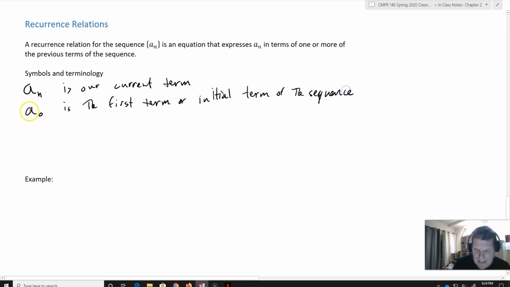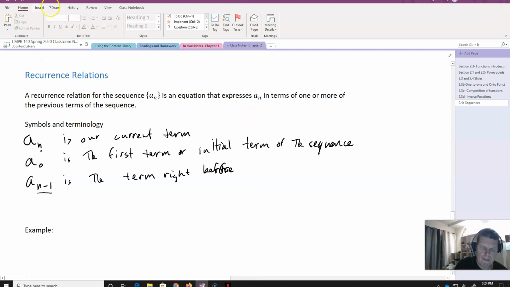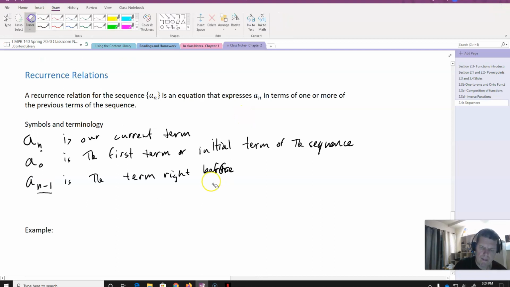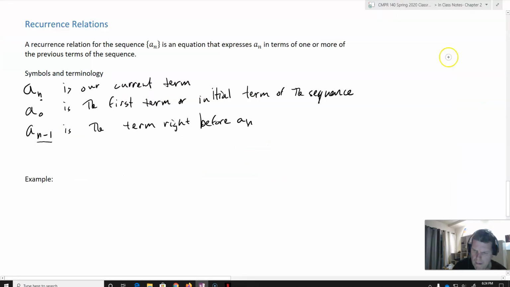Then, and this is kind of tricky, a_(n-1). Notice we have the nth term, and then we have the (n-1)th term, which is the term right before a_n.